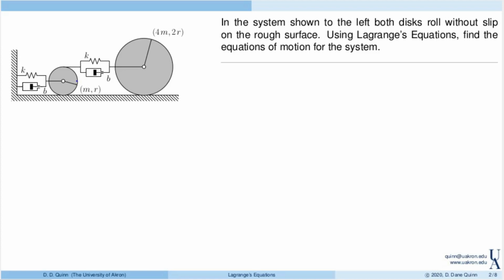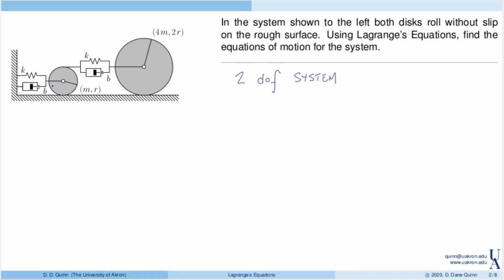So let's start off, and as we always do, think about the problem. So this is a 2 degree of freedom system. We need 2 coordinates to describe the configuration. For example, we could use the angular rotation of the 2 disks. We could use the position of the center of the 2 disks.